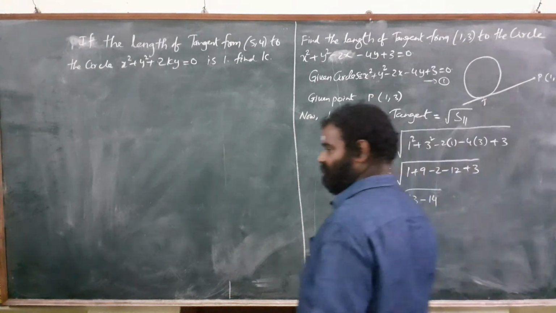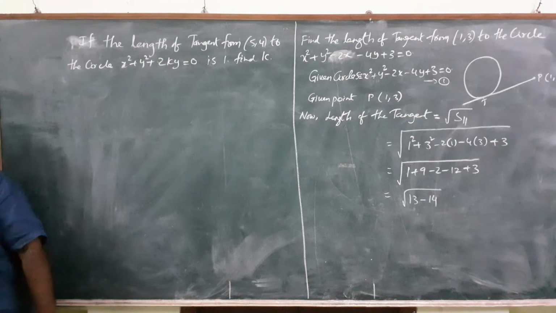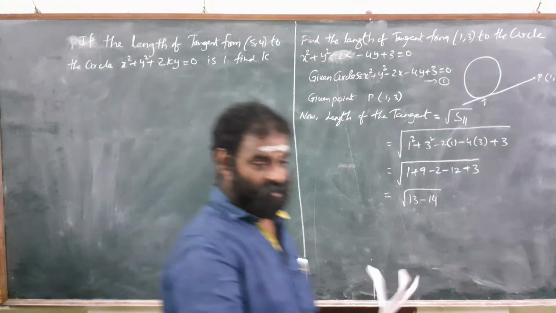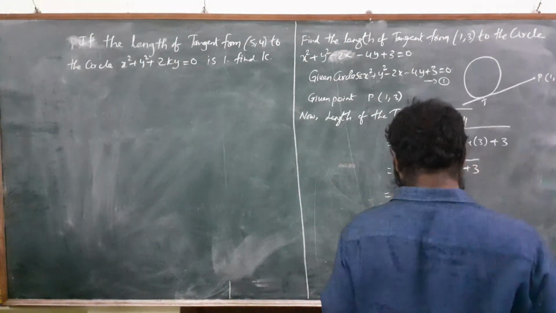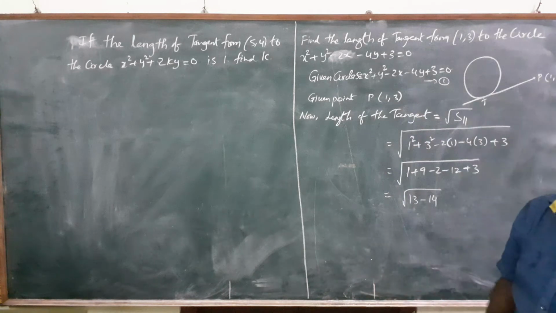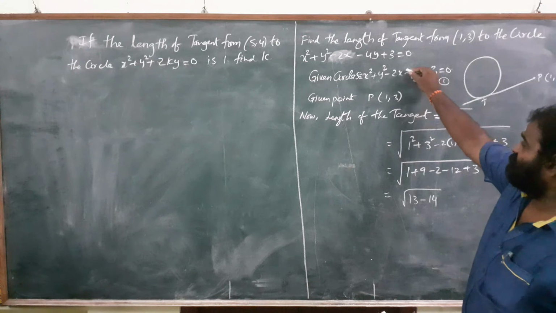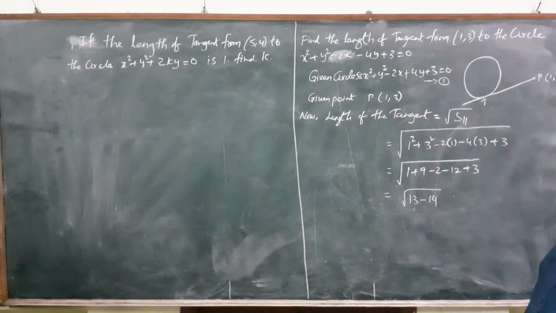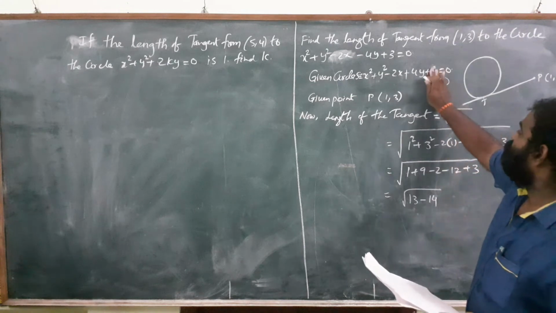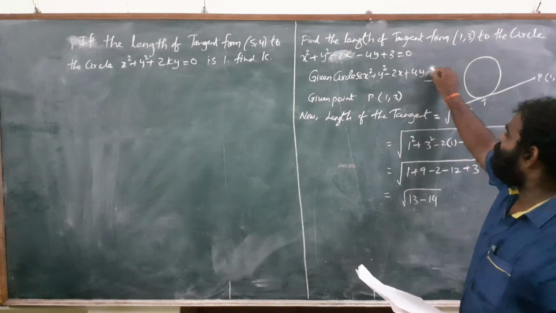So sorry, see here, the question is wrong. There is a mistake here. What the question is: x square plus y square minus 2x plus 4y minus 11.